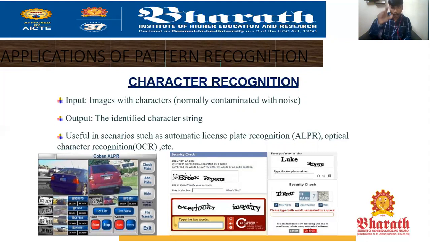But with their code, key numbers, or registered numbers, you can extract the details of that user. So for that purpose, character recognition is used to identify the exact information of the user.